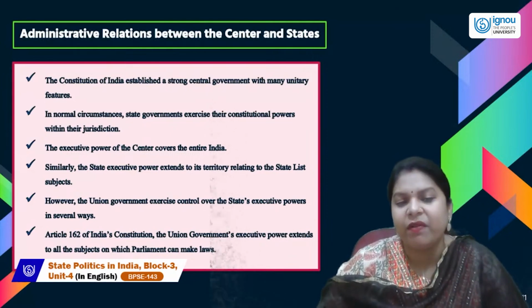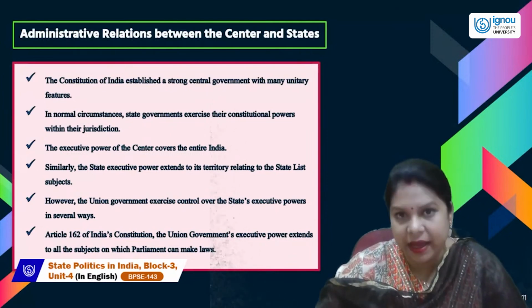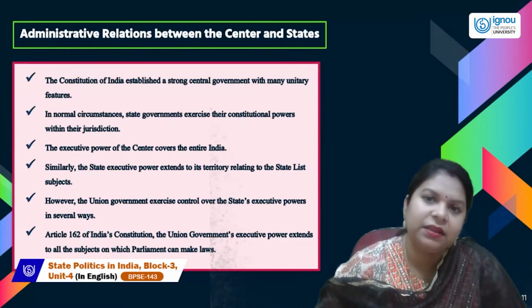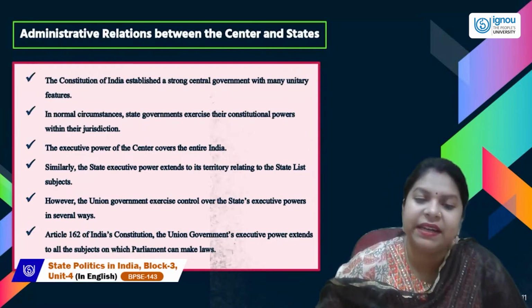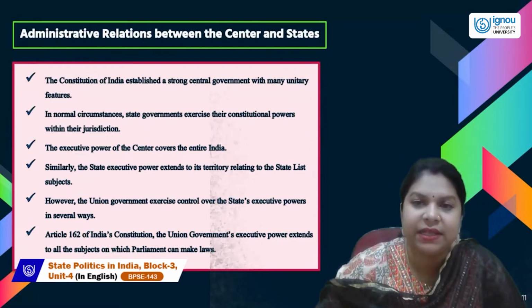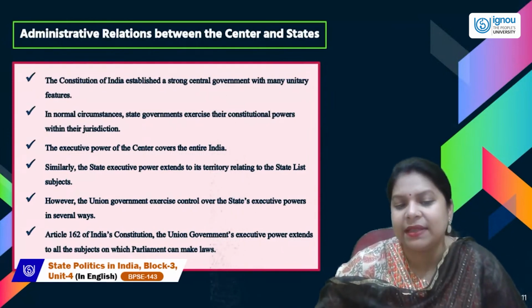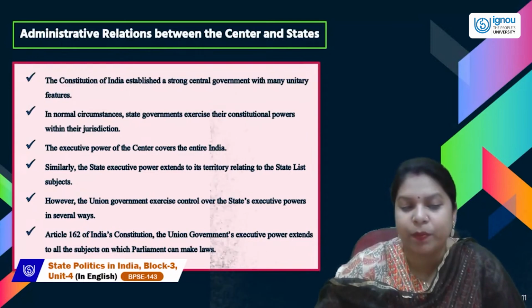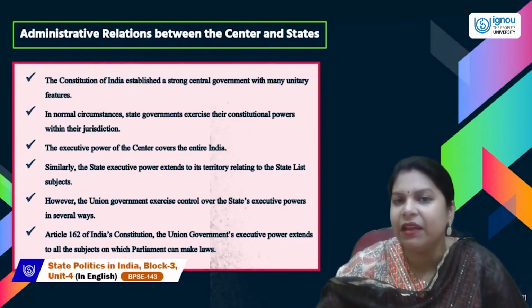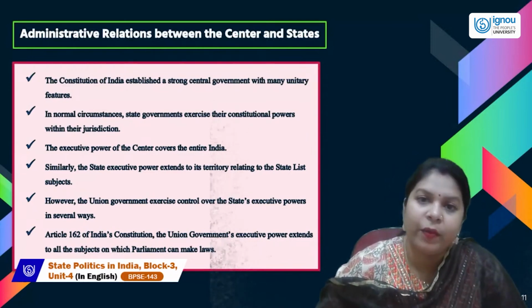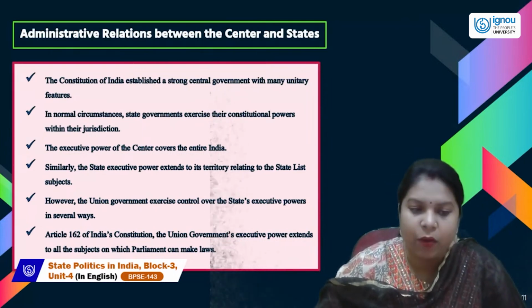The executive power of the center covers the entire India, and similarly, the state executive power extends to its territory relating to the state list subjects. However, the union government exercises control over the state's executive powers in several ways. There are many ways through which the union government can exercise control over the state's executive powers.